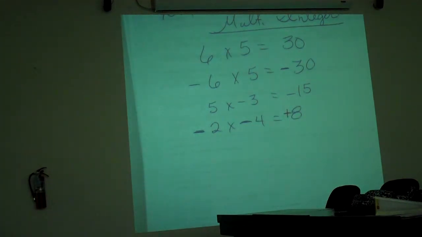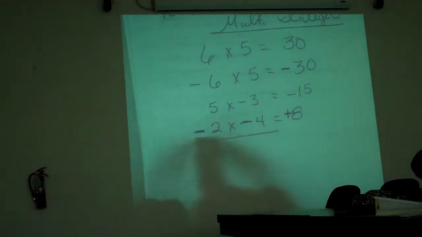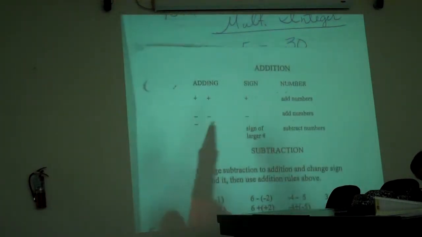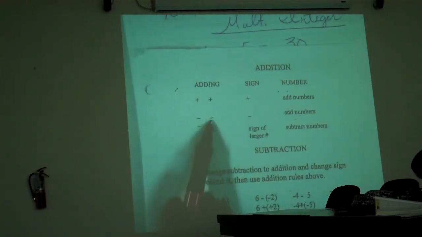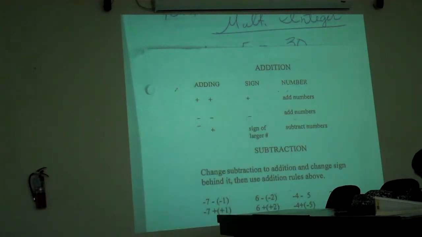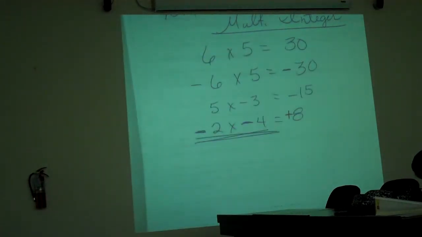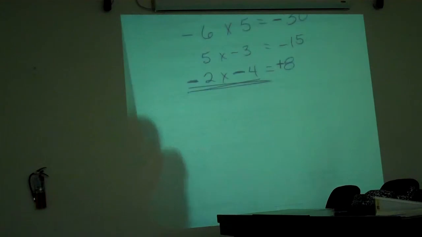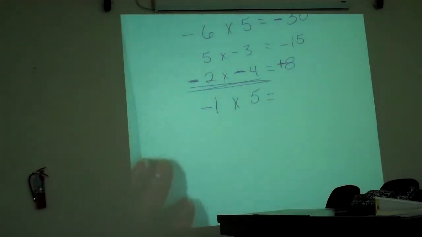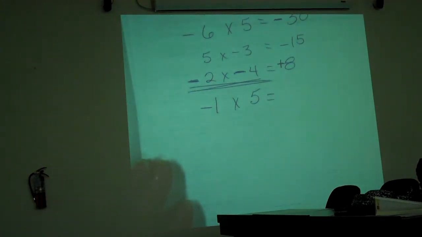When you're multiplying or dividing, that's the part that's different from adding and subtracting. For multiplying, it's a positive. Remember, for adding and subtracting, when you have two negatives, your answer's negative. Okay? That's like adding two bills. But this one, think about it as like negative 1 times a number. Okay?